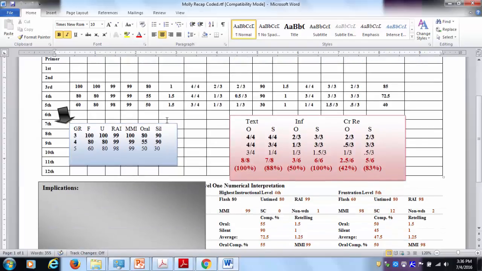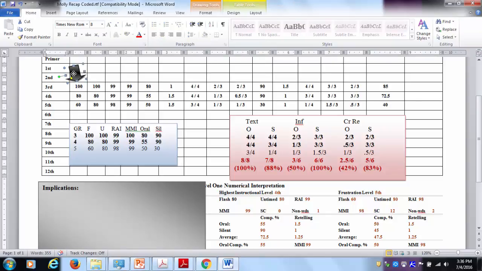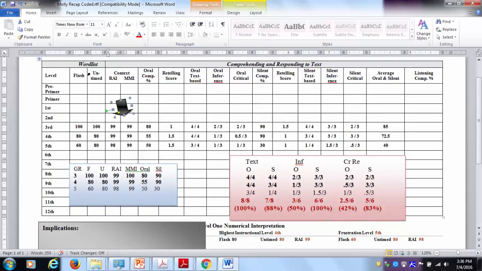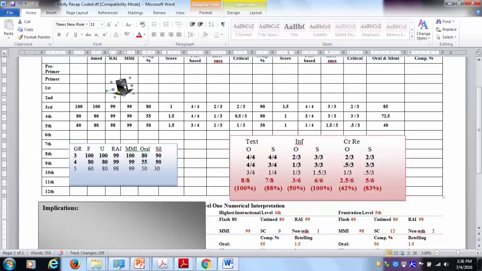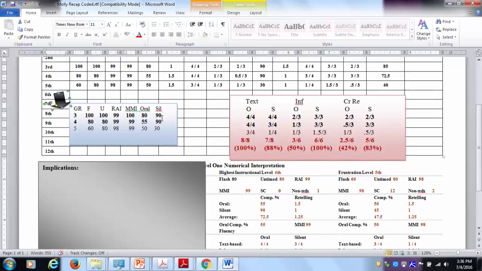So I'm going to come down here because I'm going to direct my attention first to the word list, and I'm also going to attend to contextual reading. Because keep in mind, we have word lists which are isolated and contextual reading. So with that in mind, we're coming down here.